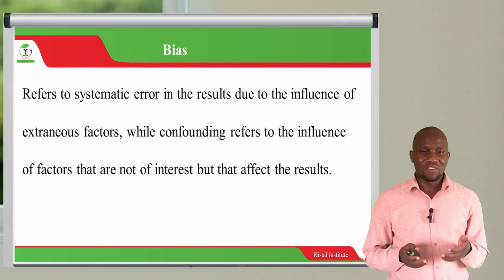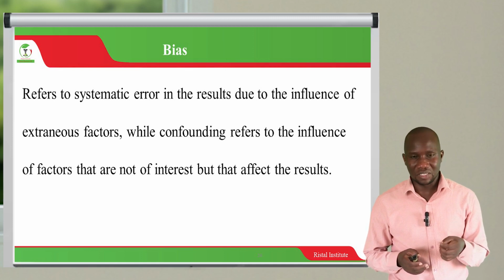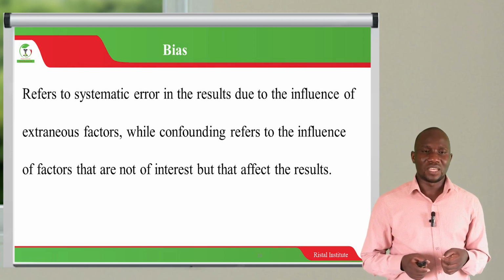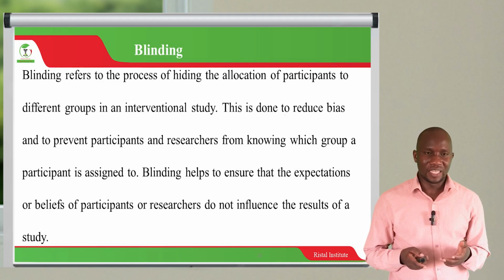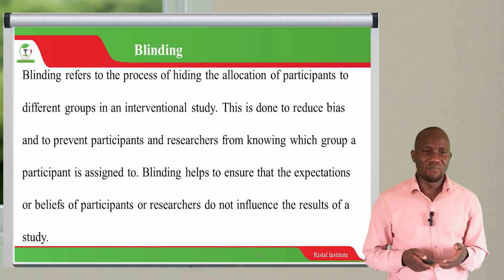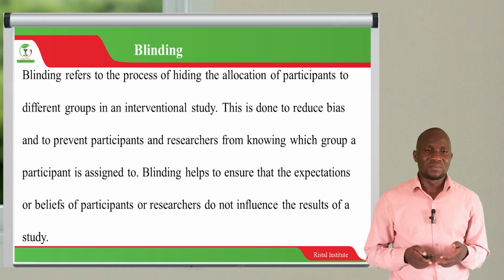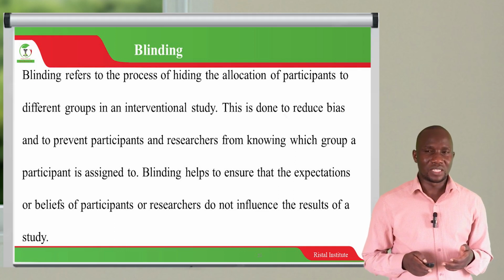Whereas confounding factors are those that are not under investigation, but they have an influence on the results that we are actually investigating. We can use the approach of blinding to manage some of these biases that we may have in interventional studies.